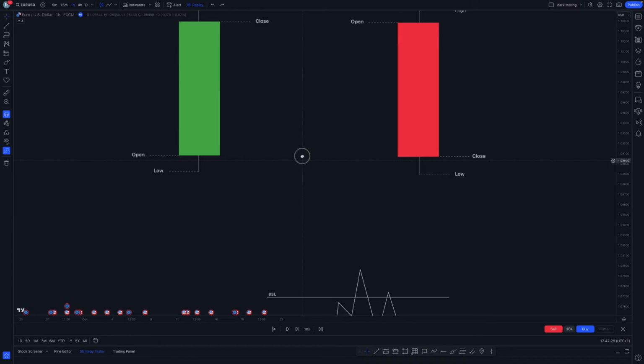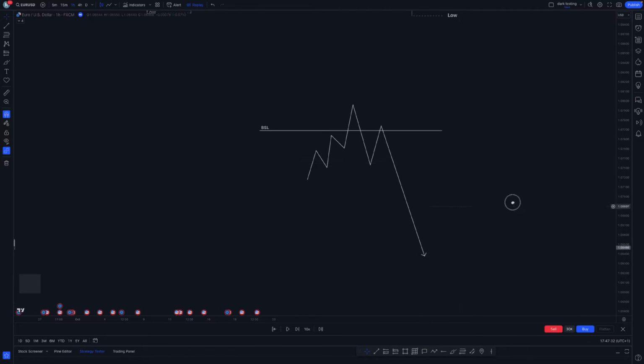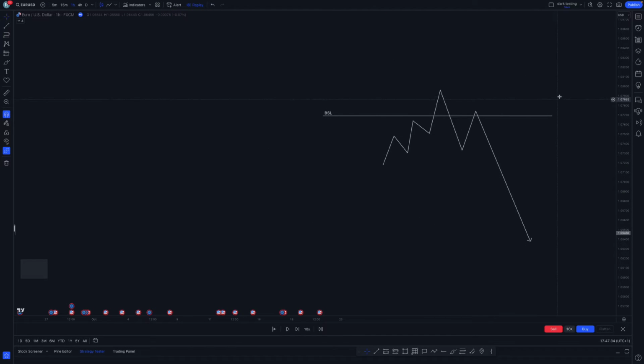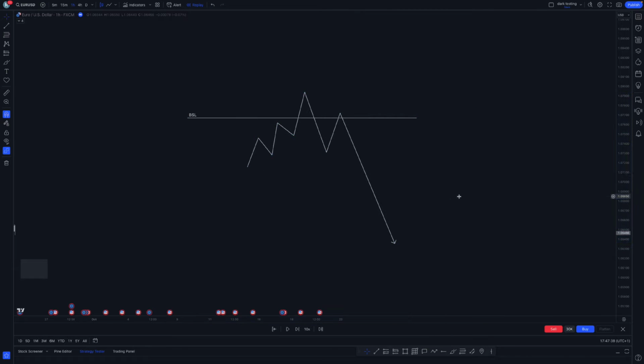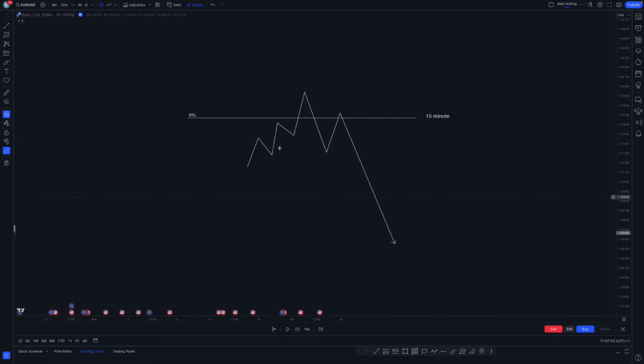So what we'll do is I've got this little diagram demonstration here. Let's just say this is a 15-minute chart, and what we're looking at is price coming up.